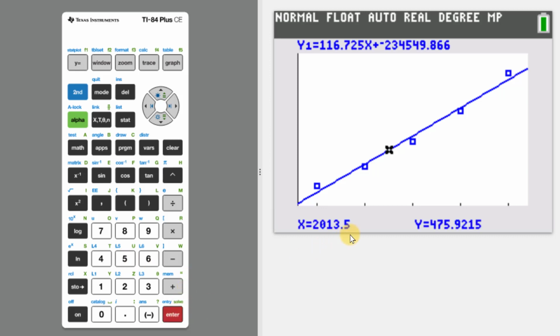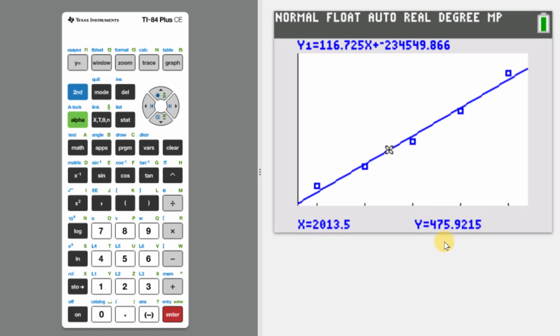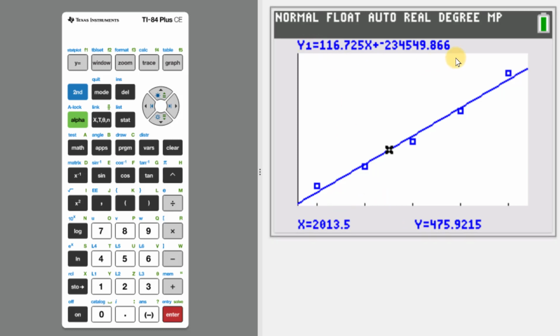We can see here that a smartphone 6 months into 2013 is going to cost us about $475.92. So this right here is our equation that we were looking for. We were asked to find the equation, so let's jump right back into our PowerPoint.